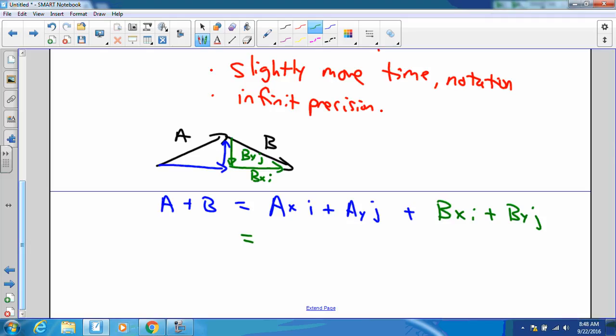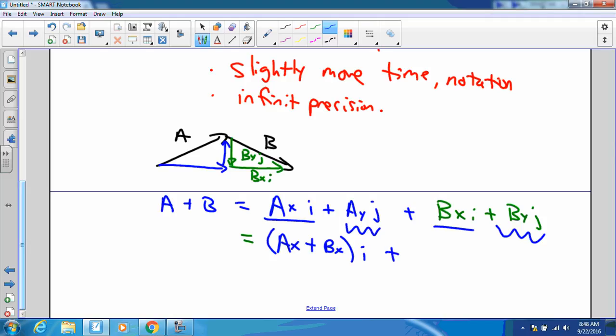And now this is really simple. Watch what happens. Because of the associativity and commutativity of addition, I can now group all of my i's together and all of my j's together, and I can add them separately without interference from each other.